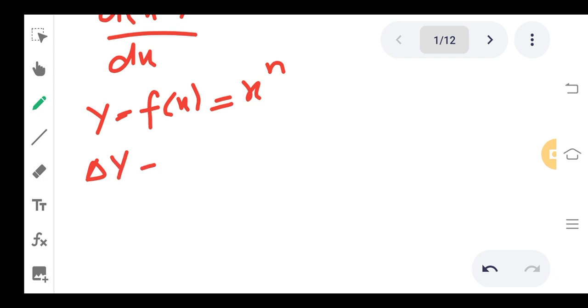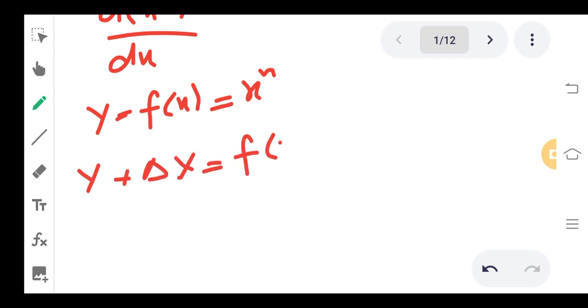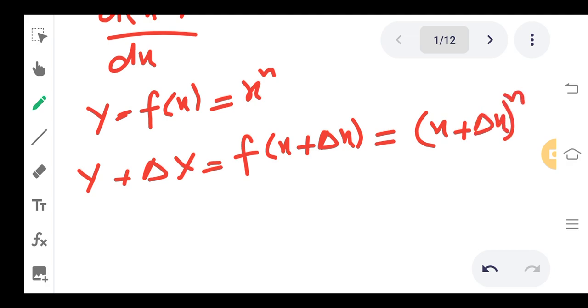So delta y will be equal to f of x plus delta y. Here y plus delta y will be equal to f of x plus delta x, which will be equal to x plus delta x whole power n.